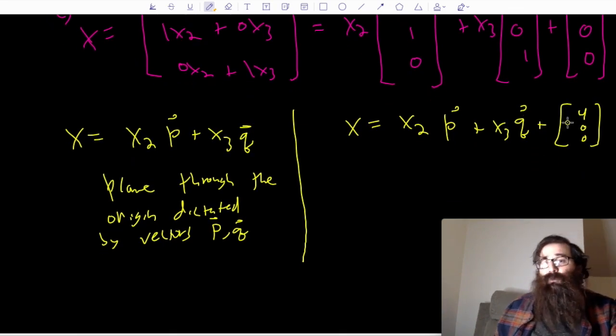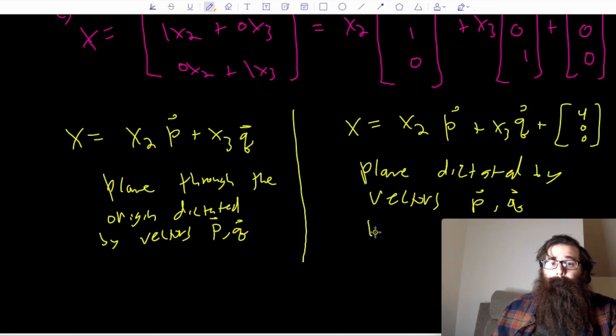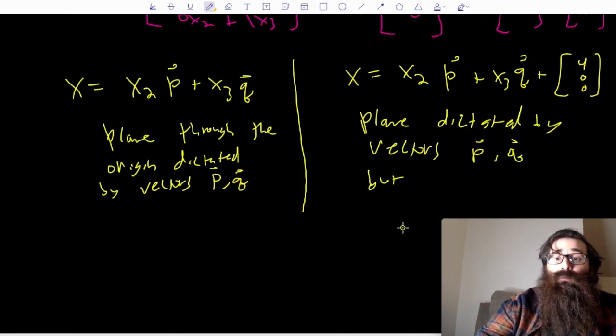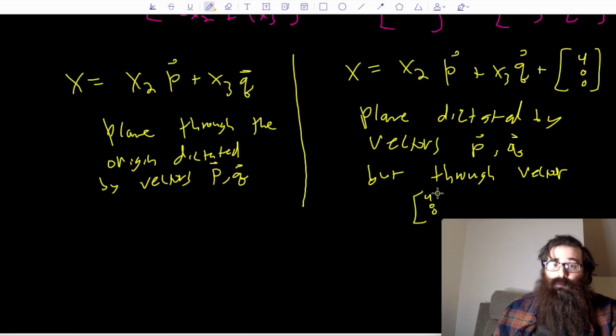Or you could give this vector a name as well, but here I'm going to say this is the plane also dictated by vectors p and q, but through the vector 4, 0, 0.